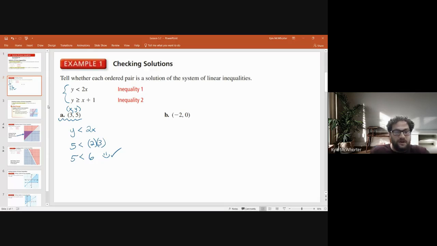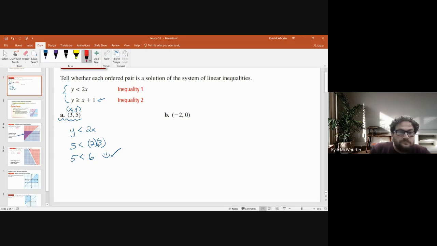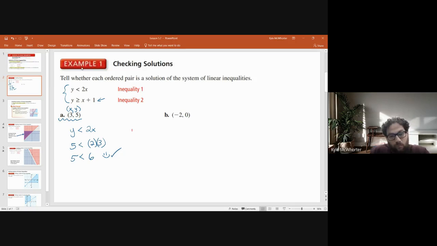So then we're going to plug the same x and y value into the second inequality and make sure that one works. So then we take y is greater than or equal to x plus 1, and we're going to plug in a 5 for y and a 3 for x.